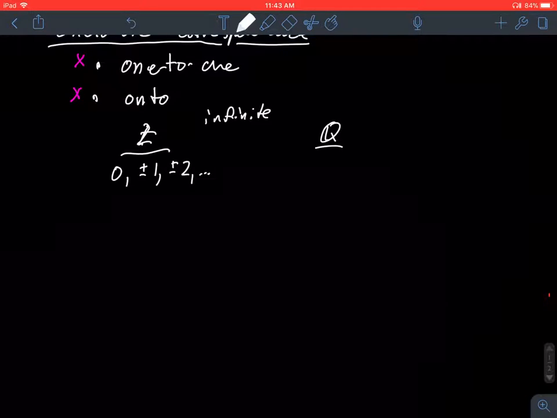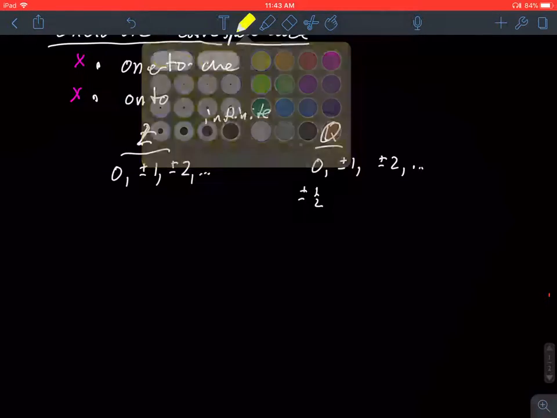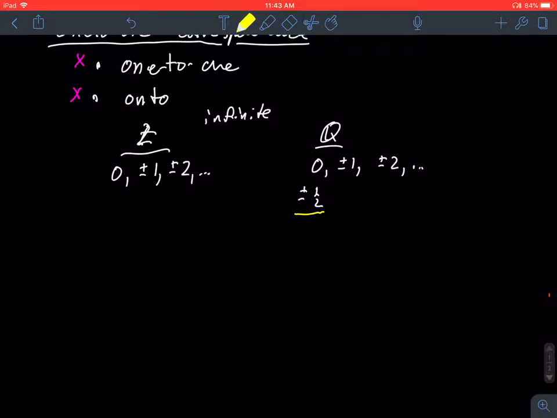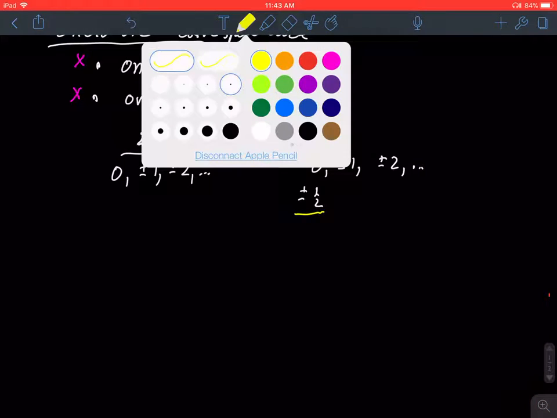And this set also contains the numbers 0, 1 and -1, 2 and -2. But it also contains stuff like positive and negative 1/2. So there are elements in this set that are not in this set here. 1/2 is not an integer.